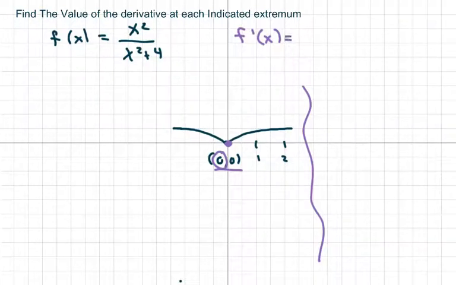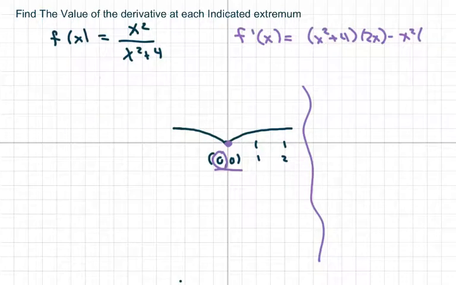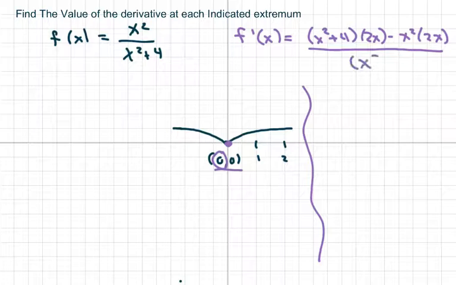We're using the quotient rule, so I'm going to write down my denominator and take the derivative of the numerator minus my numerator times the derivative of the denominator, all over my denominator squared.